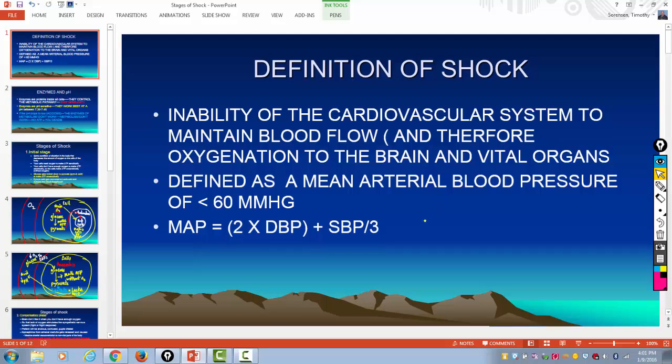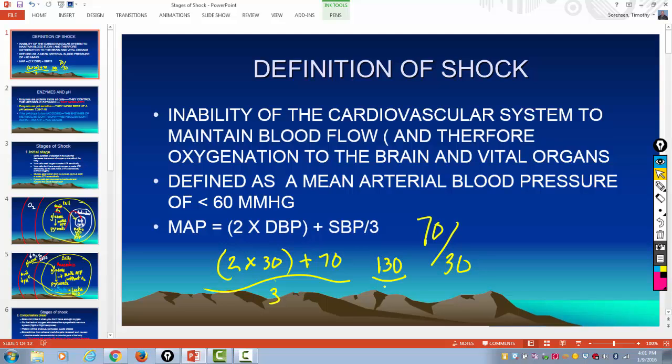So let me give you an example. Somebody comes into your emergency room and they have a blood pressure of 70/30. Let's see if they're in shock. So it is 2 times the diastolic, which is 30, plus your systolic, which is 70, divided by 3. So 60 plus 70 is 130, divided by 3.